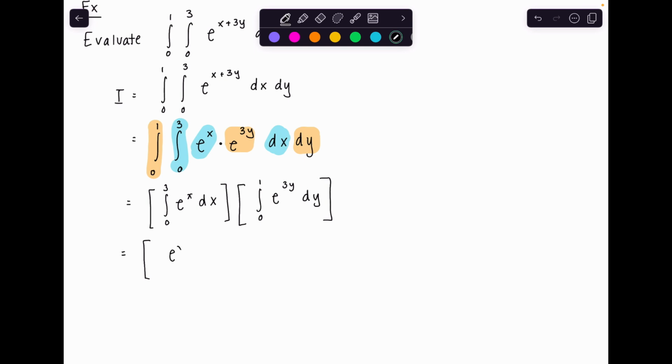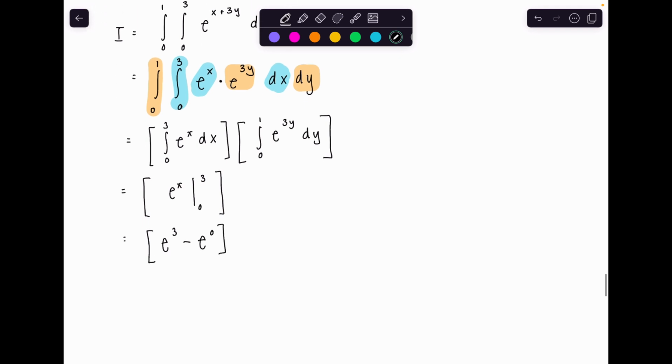The antiderivative of e to the x is e to the x, evaluated from 0 to 3, which is really e to the third minus e to the 0. And e to the 0 is just 1. So this front one becomes e to the third minus 1.